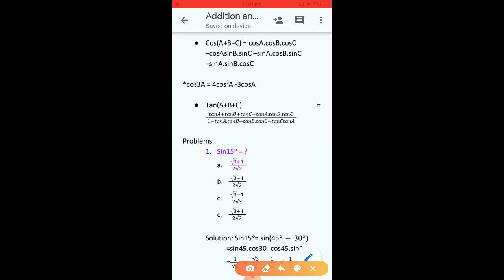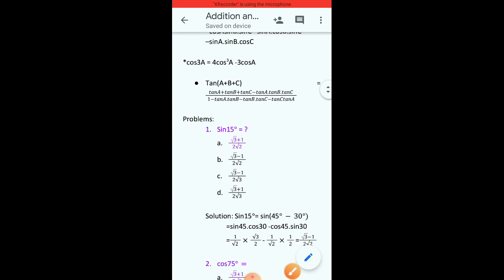So if you put 30 in place of B and 45 in place of A, then we can easily get sin 45 cos 30 minus cos 45 sin 30, and we also have the exact values: sin 45 is equal to 1 by root 2 and cos 30 is equal to root 3 by 2, and cos 45 is equal to 1 upon root 2 and sin 30 is 1 by 2.